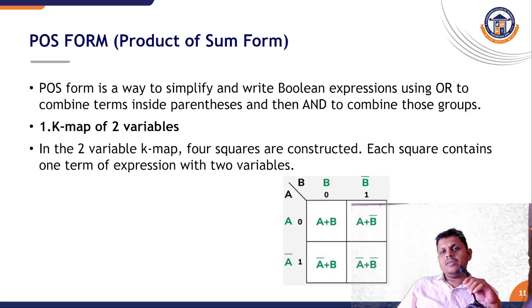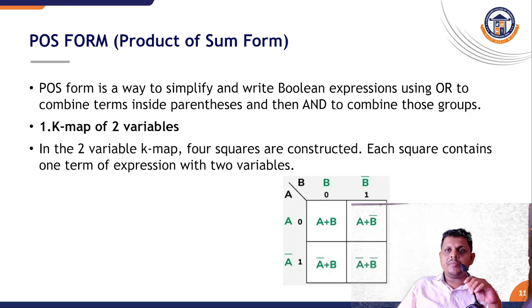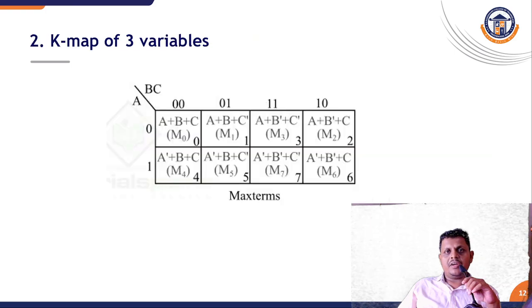And here we write the OR gate operations. OR gate operations means A plus B, A plus B bar, A bar plus B, A bar plus B bar. After performing the OR gate operations, finally we combine and write the equations in the AND format.